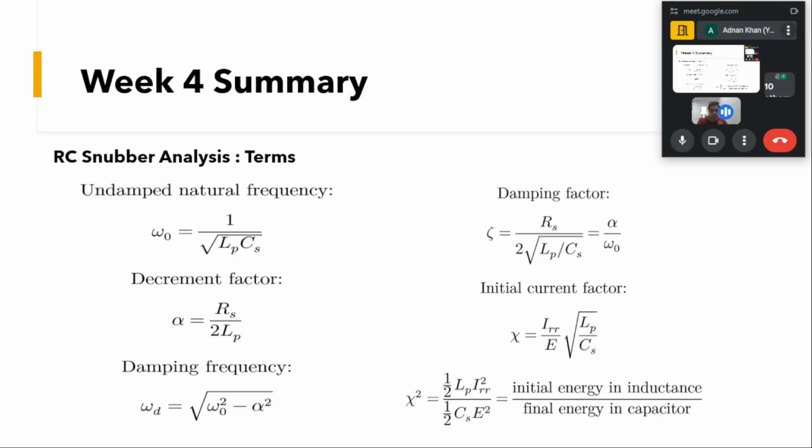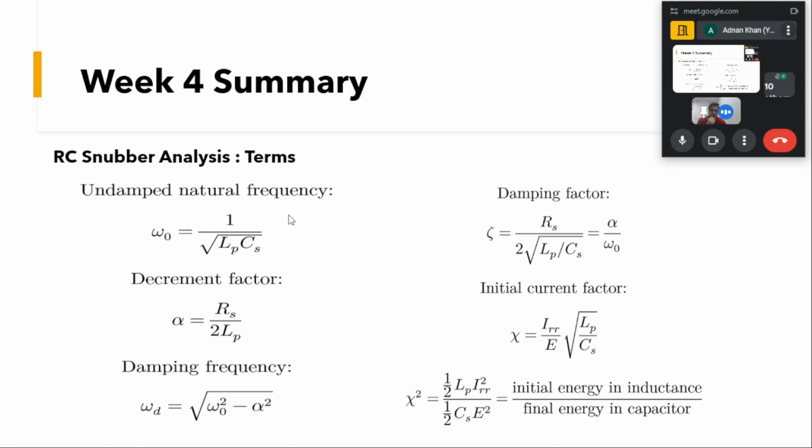Before going to that, there are some terms that are used, and these equations are solved in terms of these terms only. These terms are then listed in the graphs, and we can get the values of these for a particular specification.